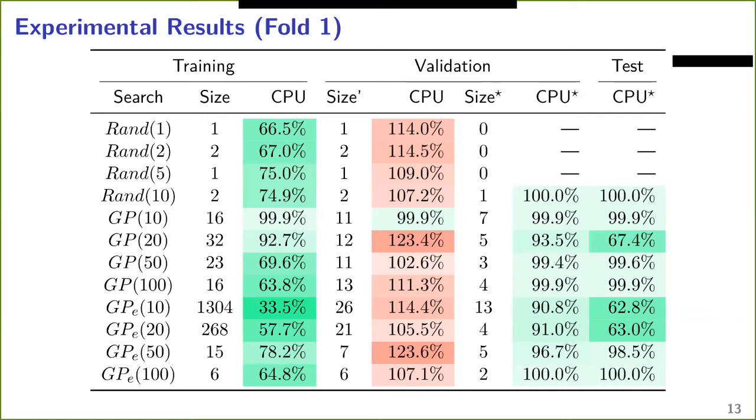Finally, the last column takes the validated software and runs it on the test fold. And we can see again very, very nice results. The best one is, for example, 62.8%, so an improvement of 37% of the fitness, which is really good.